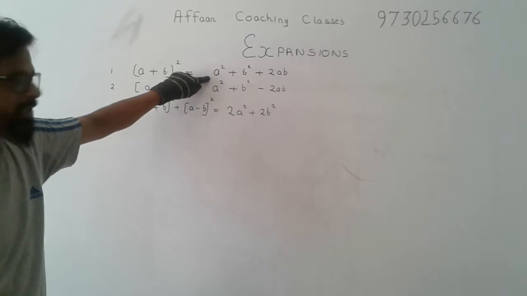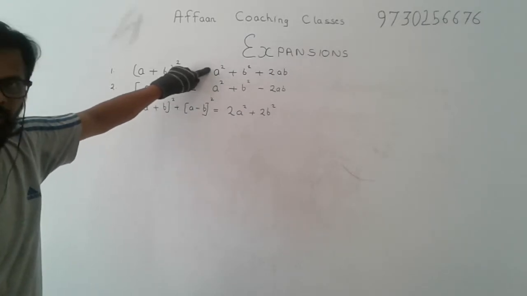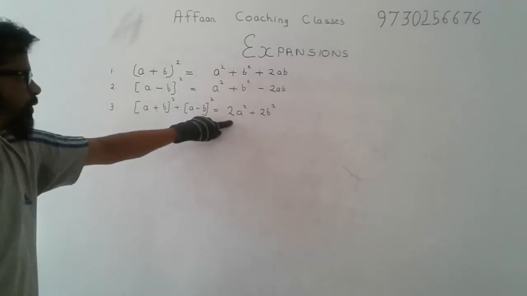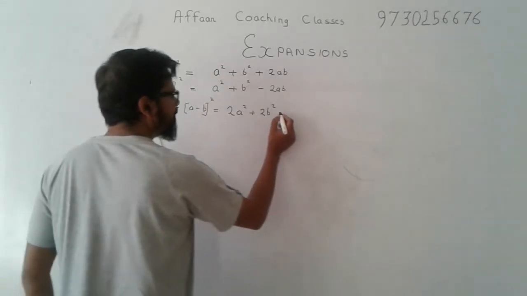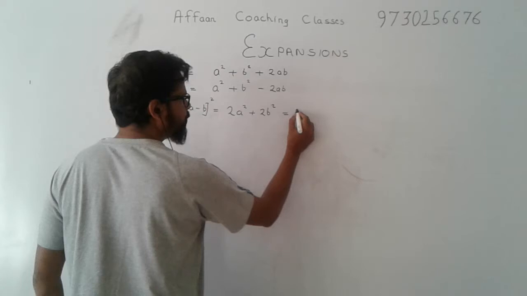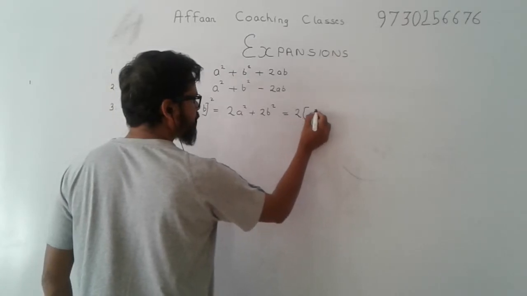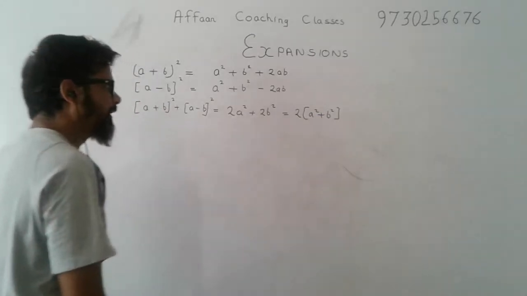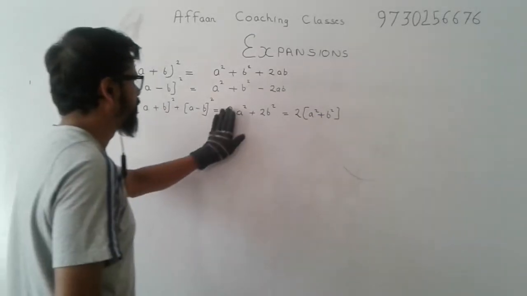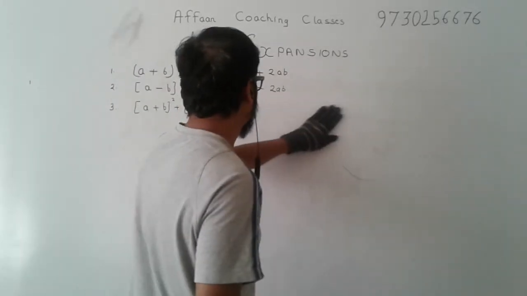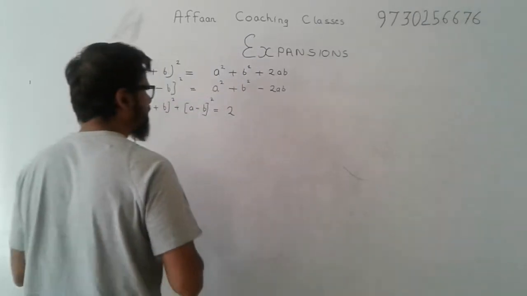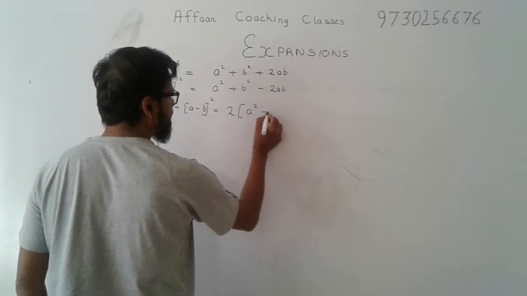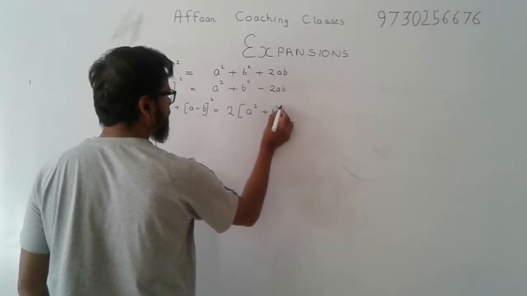Whenever you have a square, that means the coefficient of a square is 1. 1a square plus 1a square, that is 2a square. And in simple form, we will write this as take 2 as common, a square plus b square. Clear? So, again, we are going to write this as 2 common and a square plus b square.